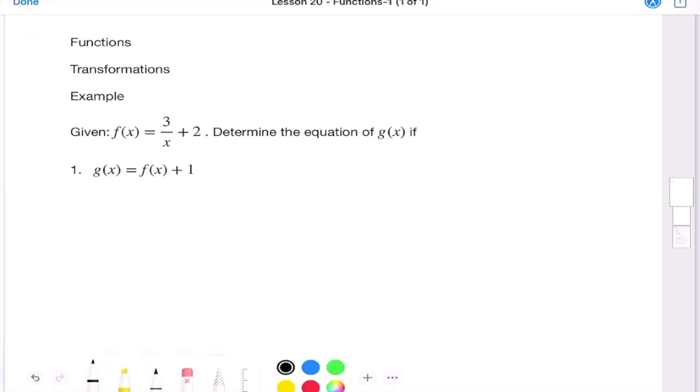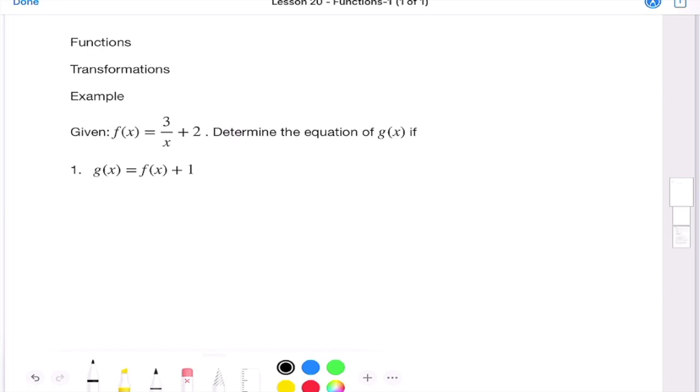In question 1, we are given that f of x is equal to 3 over x plus 2. Then there is another function g, which is a new function, and this function is formed by transforming the function f.